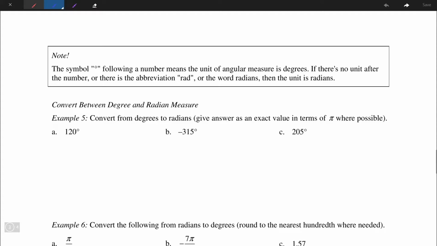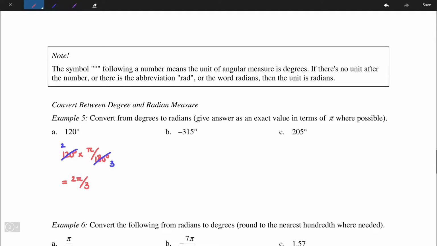Okay. So let's look at how we can apply what we just saw to convert from degrees to radians, starting with 120 degrees. Simply multiply by pi divided by 180 degrees. In this case, we have a common factor of 60, so this reduces to 2 and 3 respectively. So 120 degrees can be simplified to 2 pi over 3.